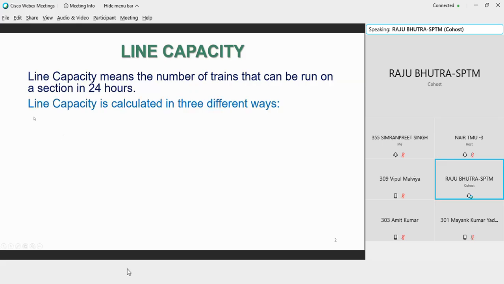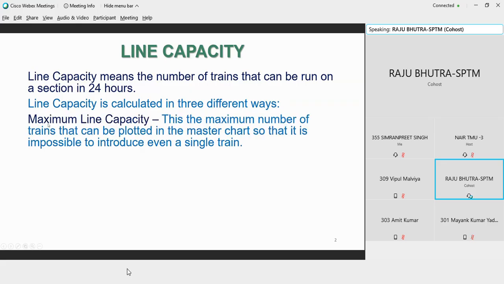Now, there are different ways to calculate line capacity. First is the maximum line capacity. This is the maximum number of trains that can be plotted in the master chart, so that it is impossible to introduce even a single train.